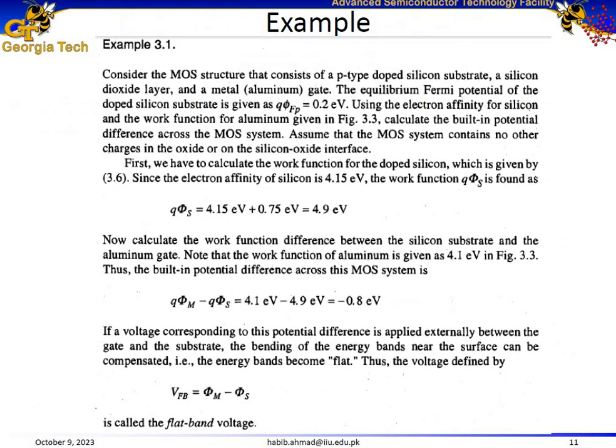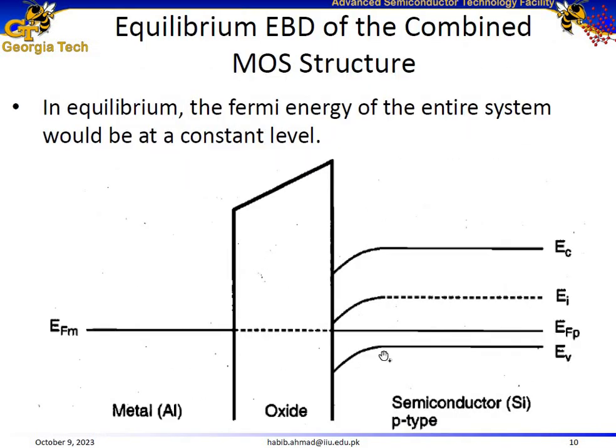So, if this built-in potential difference is minus 0.8 electron volts, and if we apply plus 0.8 volts to this metal oxide semiconductor structure, all these energy levels, the conduction, intrinsic, and valence energy levels, would flatten.